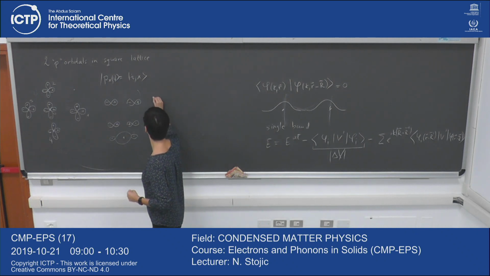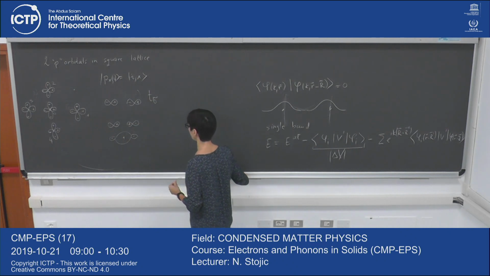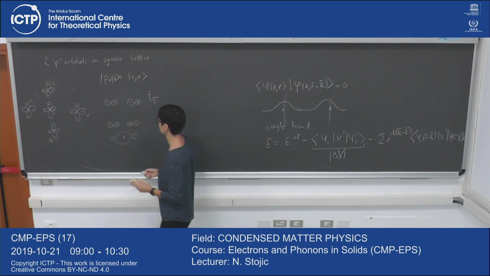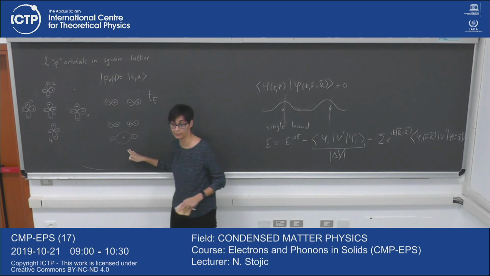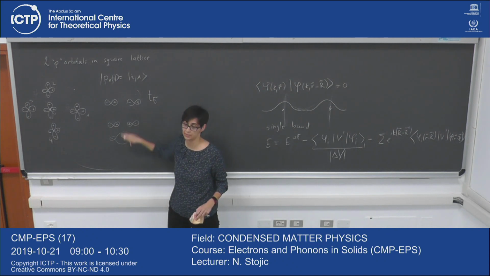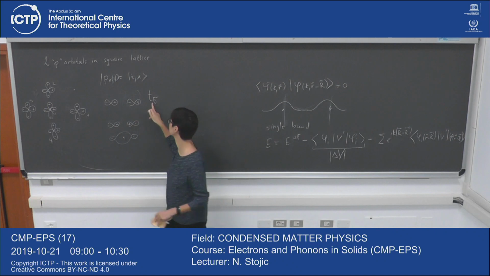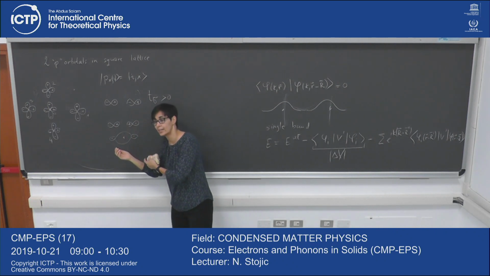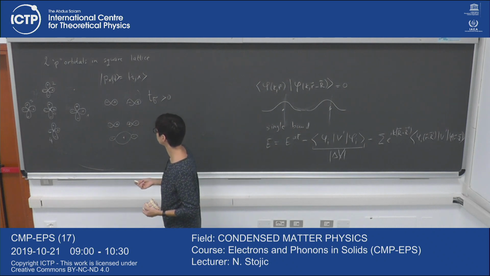However, this is still called a sigma bond, and this overlap we will denote as T sigma. This is what you want to have. This is the bonding type, and this is anti-bonding. This T sigma will be larger than 0 if you have Coulomb interaction in between.